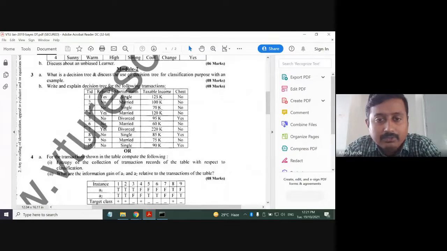It is a continuous valued attribute, so no value is repeated. And we have cheat, no and yes. Consider this as the output attribute. These are my xi's, input attributes 1, 2, 3, and this is my y.